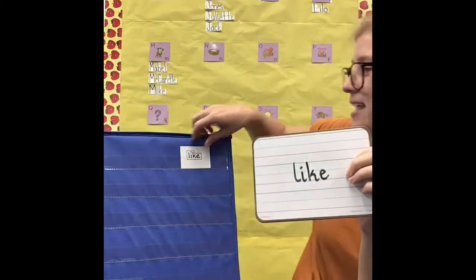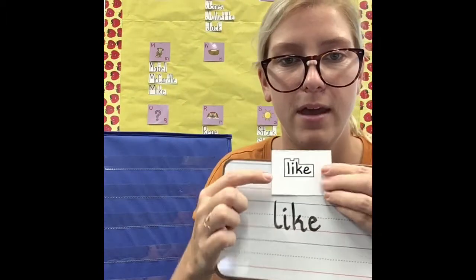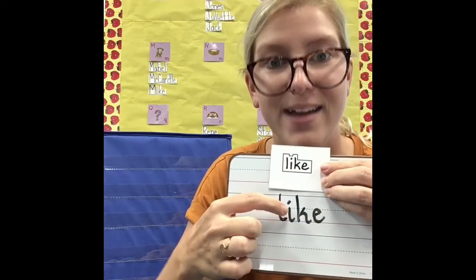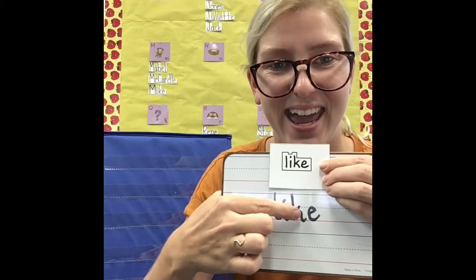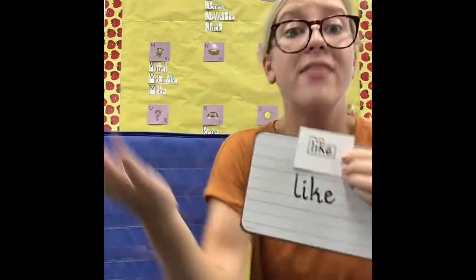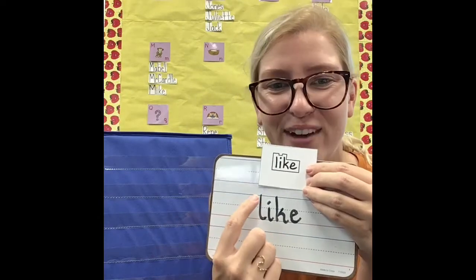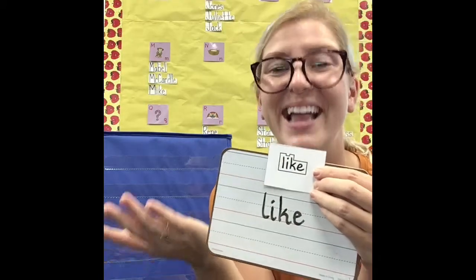I can tell it's the same word because I see L, L, I, K, K, E, E. They're spelled the same, so I know they're the same word, but the letters look a little bit different. These letters are curvy, and these letters are straight, but they both say like. Now that we know our sight words are always spelled the same, but sometimes they can look a little different, it will be so much easier to find them whenever we're reading.